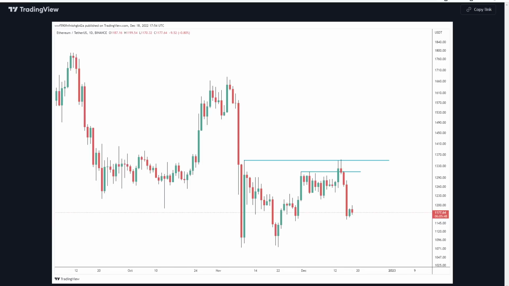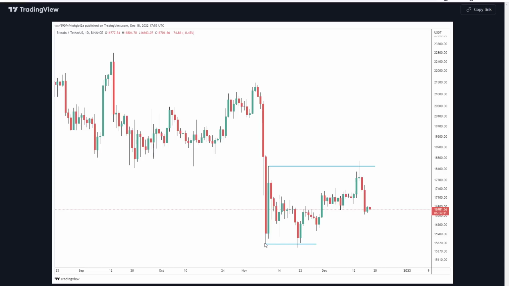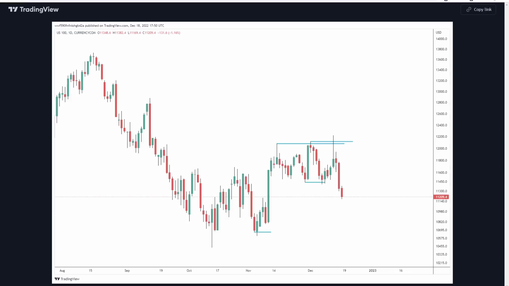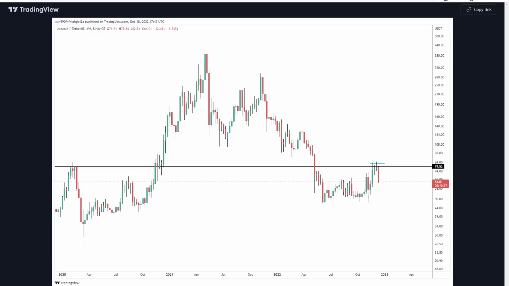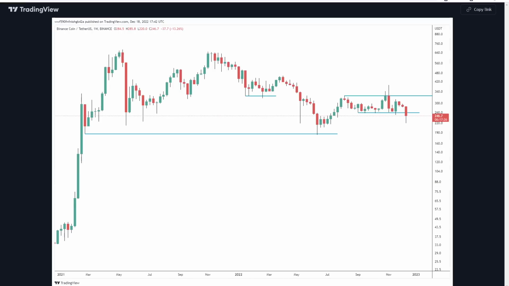On the Bitcoin front, this was a good one where you had a failed breakdown at the range low, which ultimately took you to the range high. So when you're dealing in range-bound conditions, those, generally speaking, should be your targets from one extreme to the other, regardless of the time frame you're engaging in.